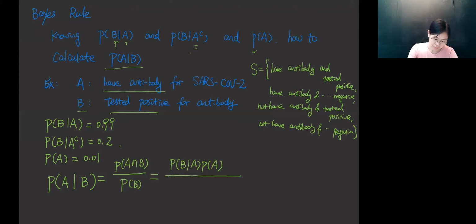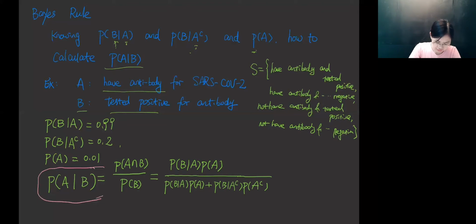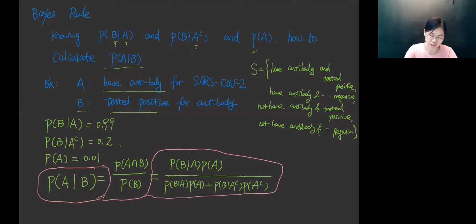For the denominator, we can use the law of total probability and write P of B as P of B given A times P of A plus P of B given A complement times P of A complement. So this formula that connects the conditional probability of A given B and this ratio, that is the Bayes rule formula.